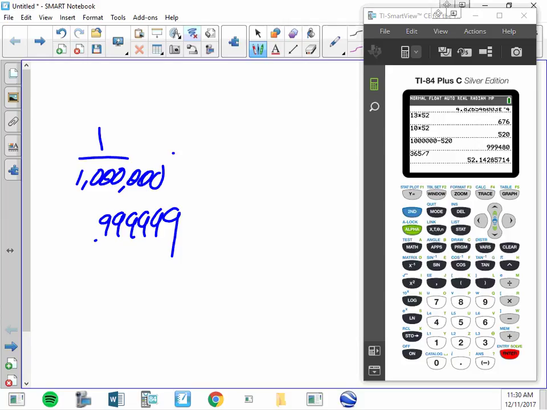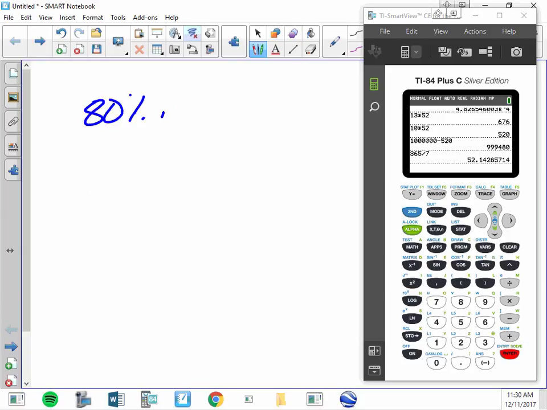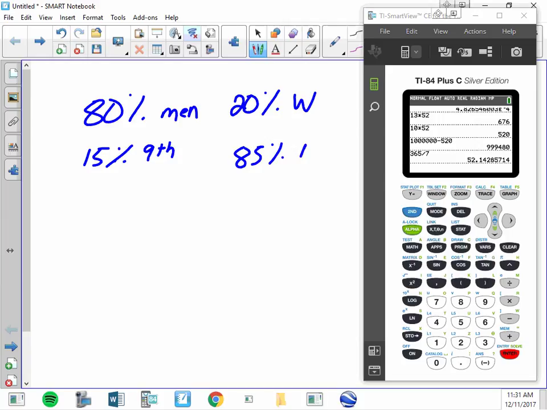One student is chosen at, oh, no. Suppose that in a certain class there are 80% men, 20% women, 15% freshmen, and 85% sophomores. The percentage of sophomore women in the class can be as small as... So we have 80% men and 20% women, and we have 15% ninth graders and 85% 10th graders.